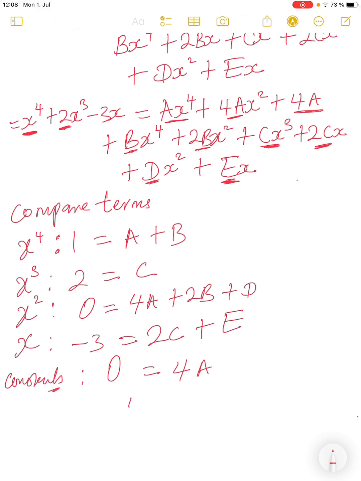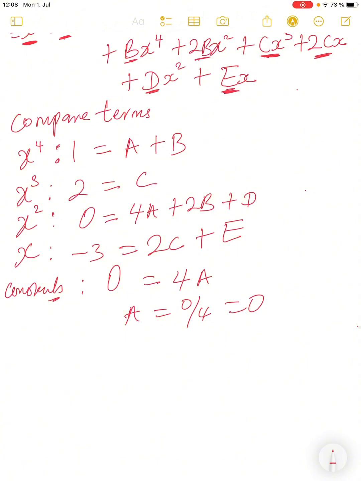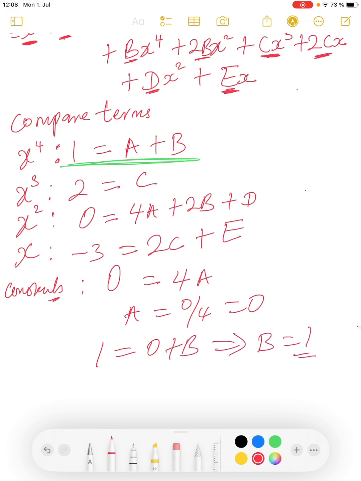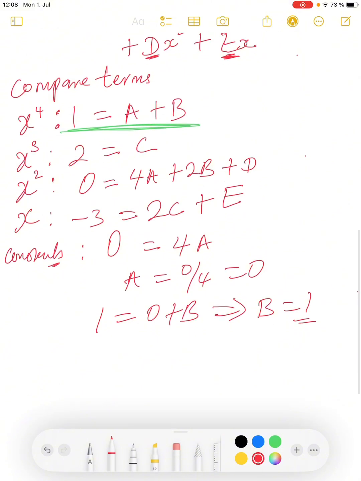So if 0 is 4a, it means that a is 0 over 4, which is 0. If a is 0, from this equation it means that 1 is equal to 0 plus b. That means that b is equal to 1. And c equal to 2, from this equation c is already 2.